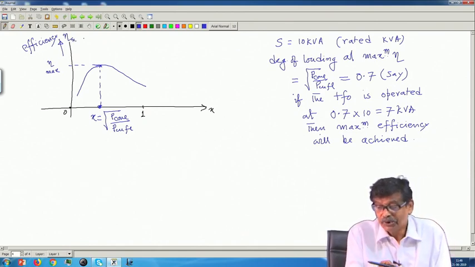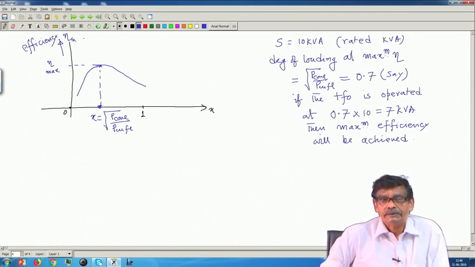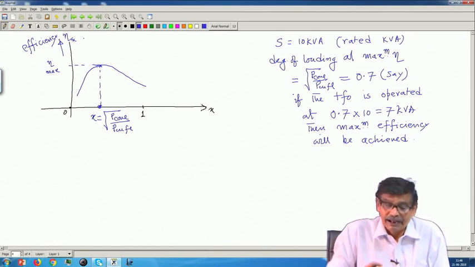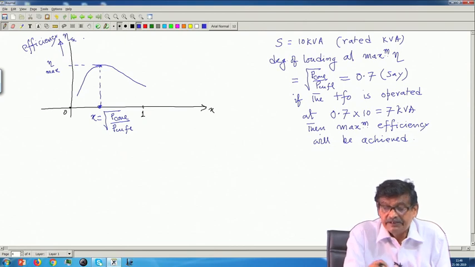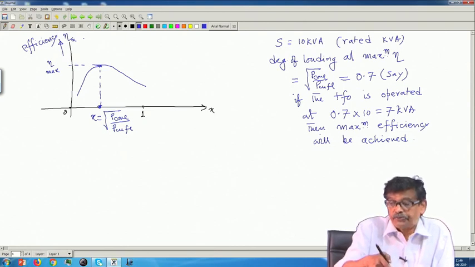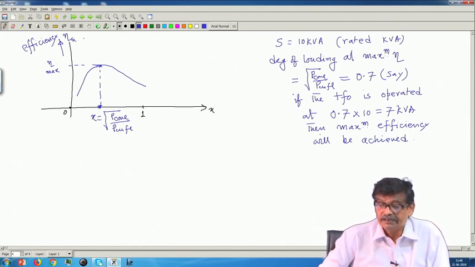Of course, I should not forget to attach another condition that I have imposed upon the efficiency expression. What is that?